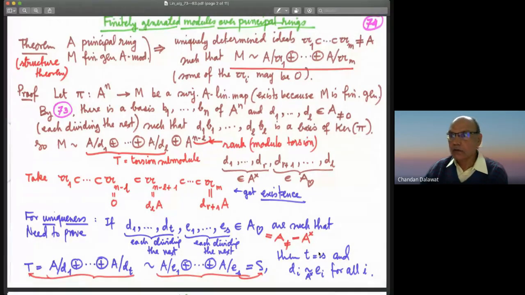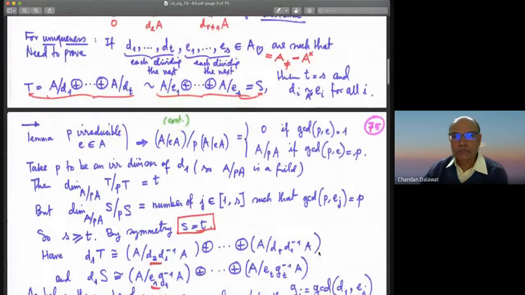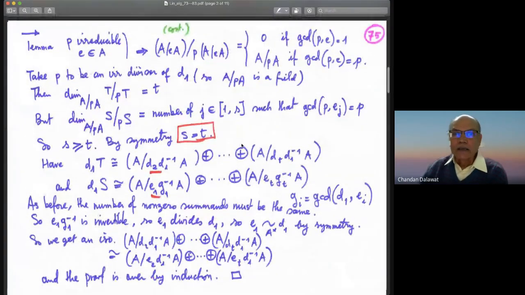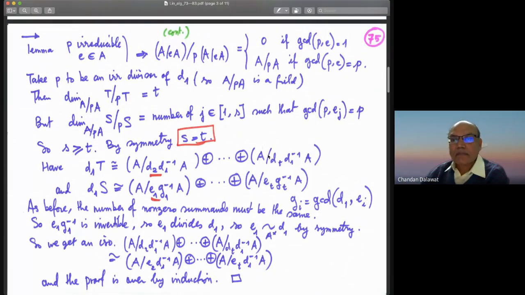So this will follow from some of the propositions about monogeneous modules over principal rings which we had established earlier. So here is one small lemma. For example, if I have an irreducible element P in my ring A and some element E, then I have A modulo EA, and from there I can go to A modulo EA modulo P times A modulo EA.